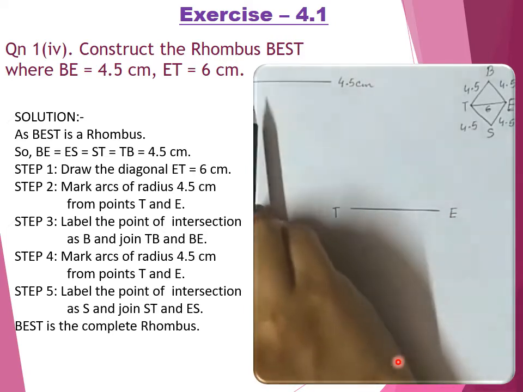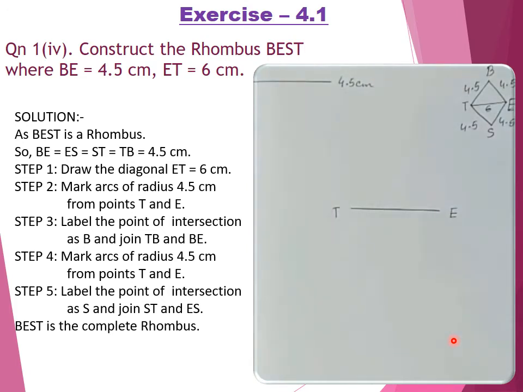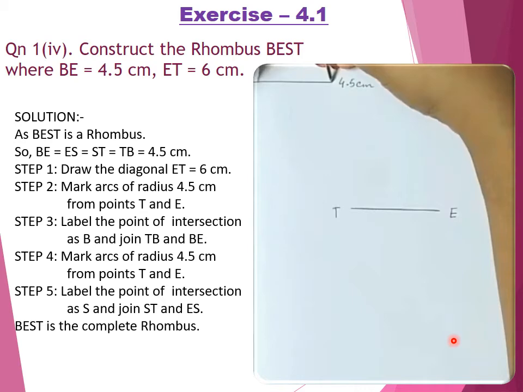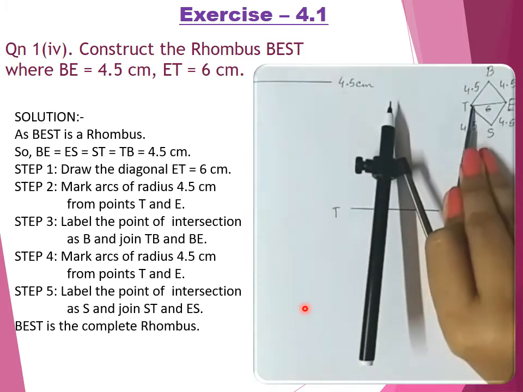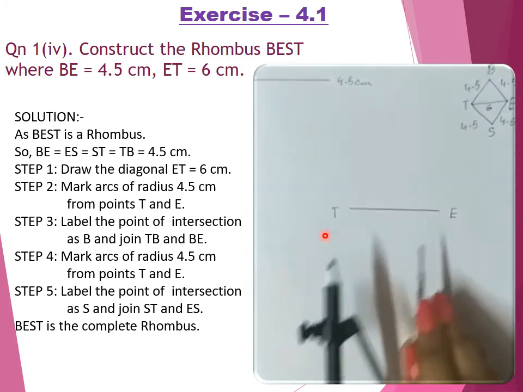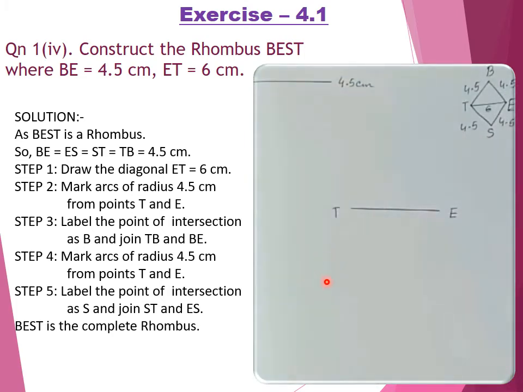But before that we have drawn a length of 4.5 centimeter from the very beginning. So we'll take the arc length in the compass like so, and from T and E, towards the top and also towards the bottom, all the arc lengths are 4.5.